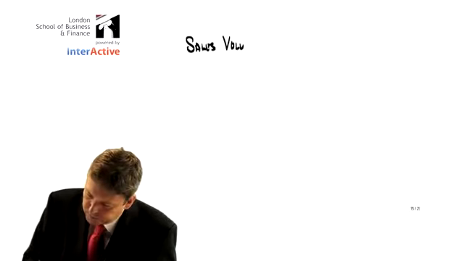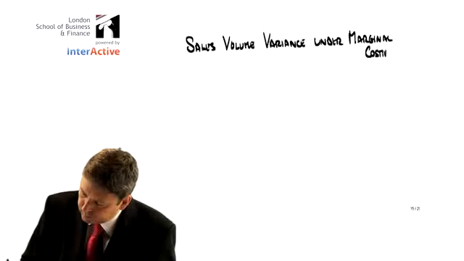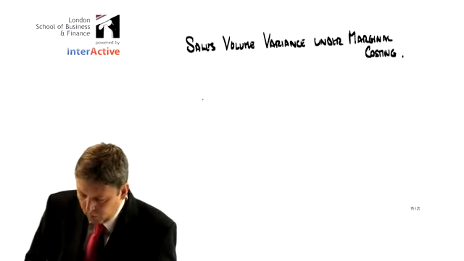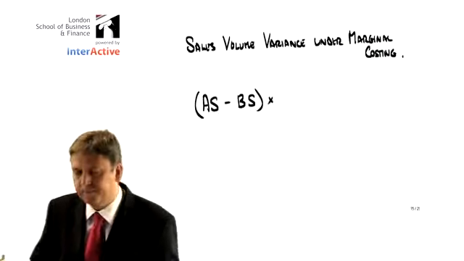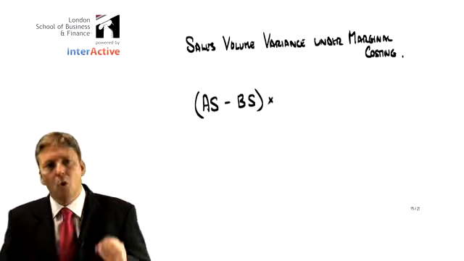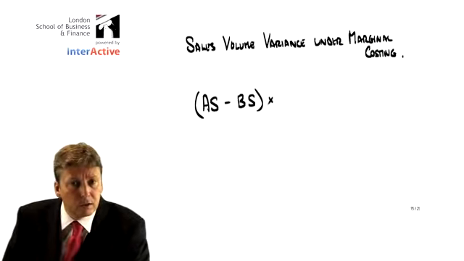If we look at the sales volume variance under marginal costing, we would look at the same actual sales minus the same budgeted sales. However, what margin will we earn under marginal costing?